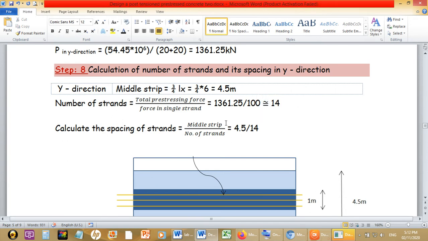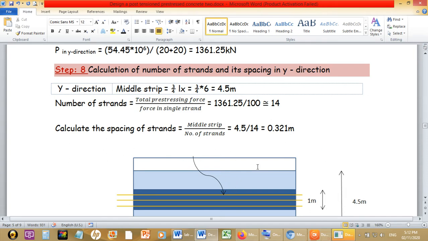Let's calculate the spacing. These 14 strands we are going to provide in the span of 4.5 meter, so the spacing between strands is 4.5 divided by 14, which gives us 0.321 meter.